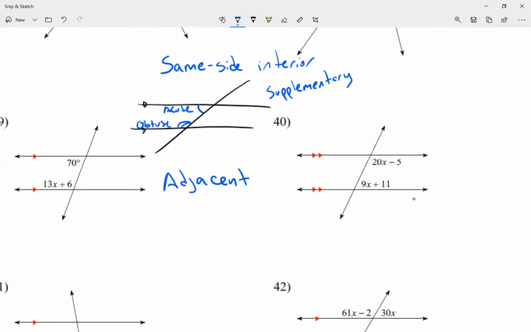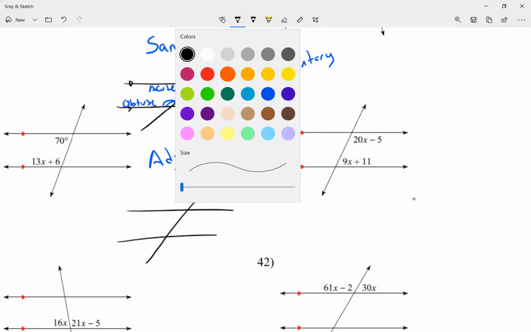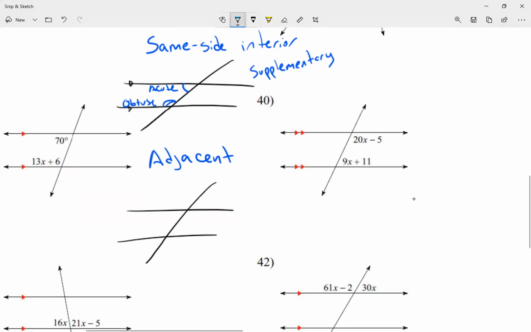All right, now let's take a look at adjacent, the other rule that we're going to be looking at. Two parallel lines and a transversal. Now, the interesting part for adjacent, I'm only going to use one parallel line. I can be looking at, let's see, this angle with this angle.